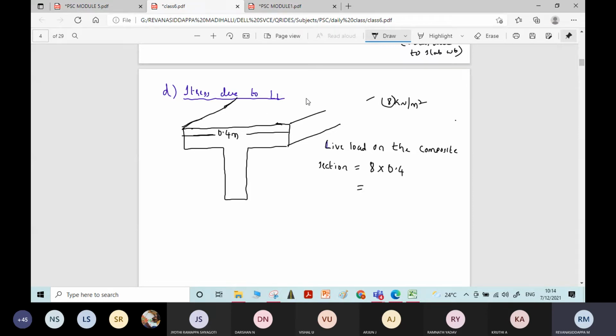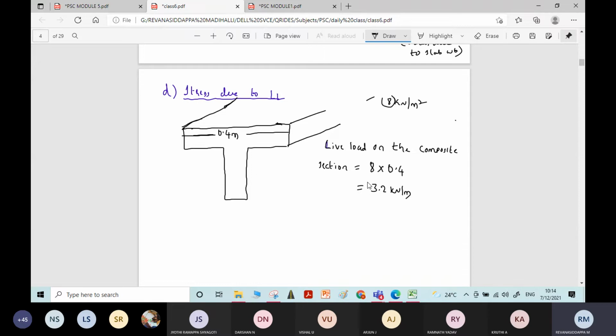Are you understanding? 8 into 0.4, how much you will get? 8 fours are 32, so 3.2 kilonewton per meter. We have converted this load per meter square area into load per meter length.